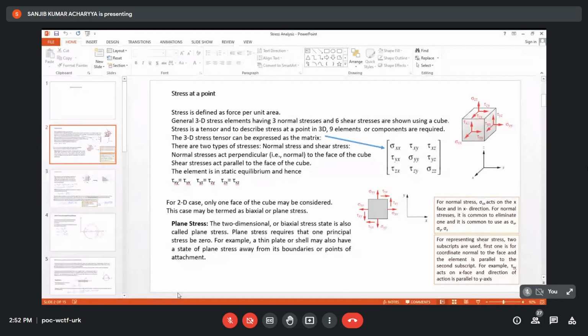Yes, sir. In case of anisotropic material, where we cannot assume that the stress-strain relationship is independent of direction, there are 36 components. To describe the stress situation in a material we require 36 components without any assumption. But by assuming the material to be isotropic, we can reduce the number of stress components representing a stress situation at a point within the material to 9. Is it clear or not?